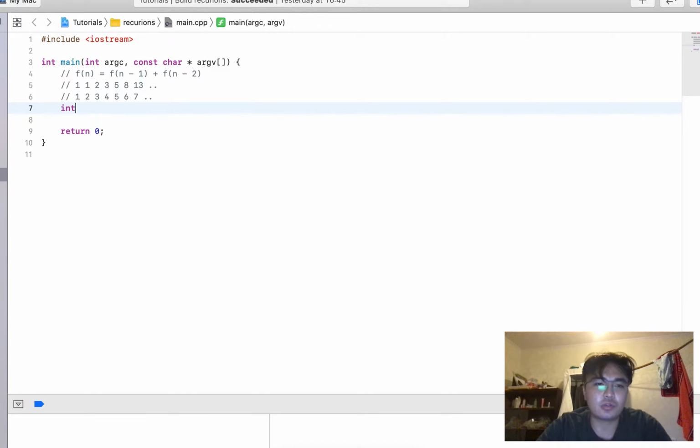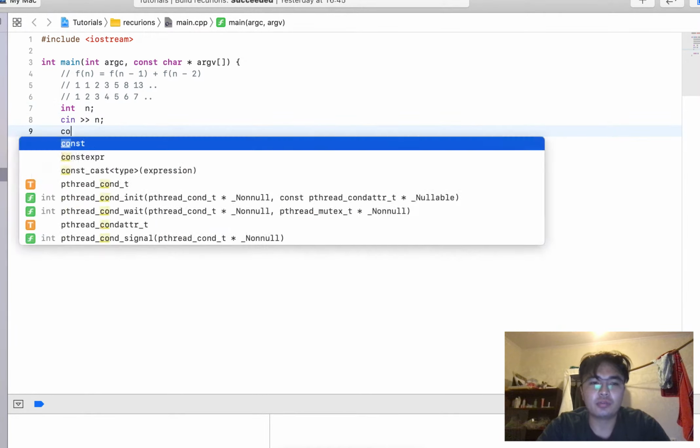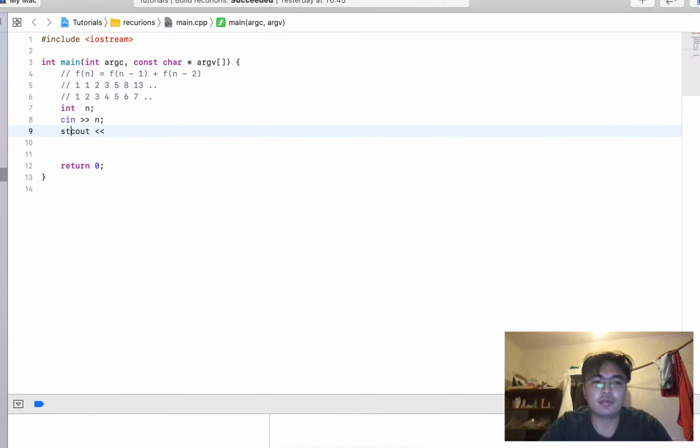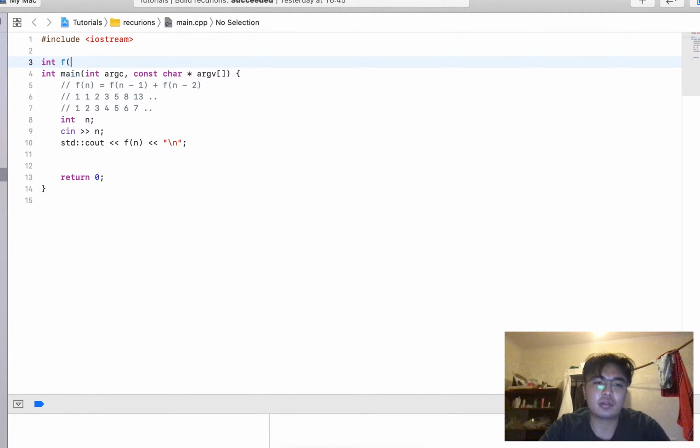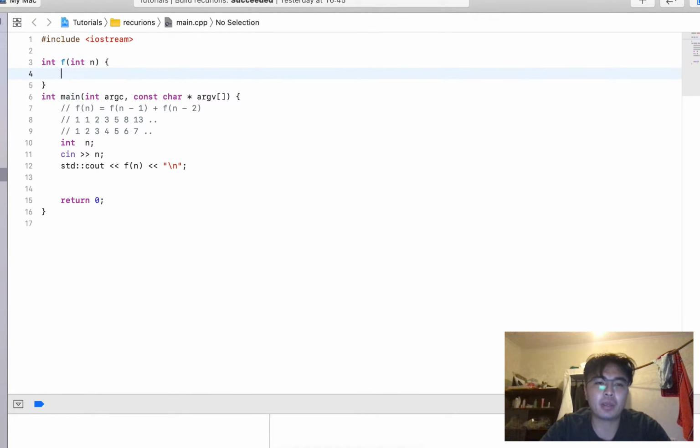So let's say a user inputs a number n, and we want to output the nth Fibonacci number by calling the function fn. And how we are going to implement this function is by simply calling the same function again 2 times.